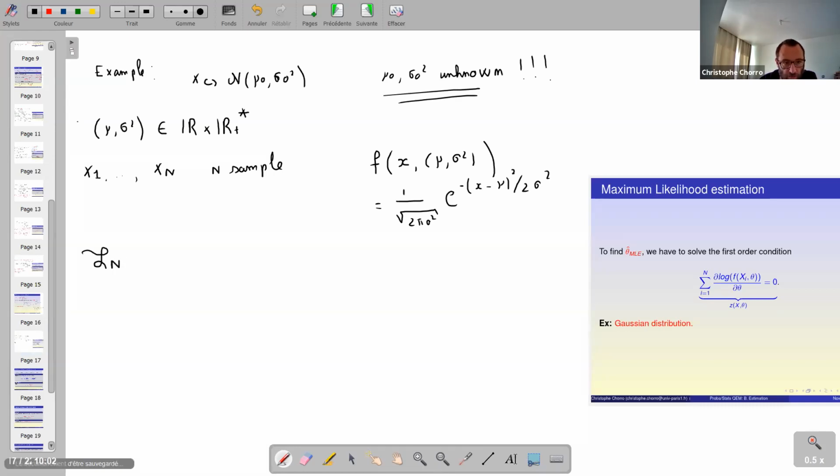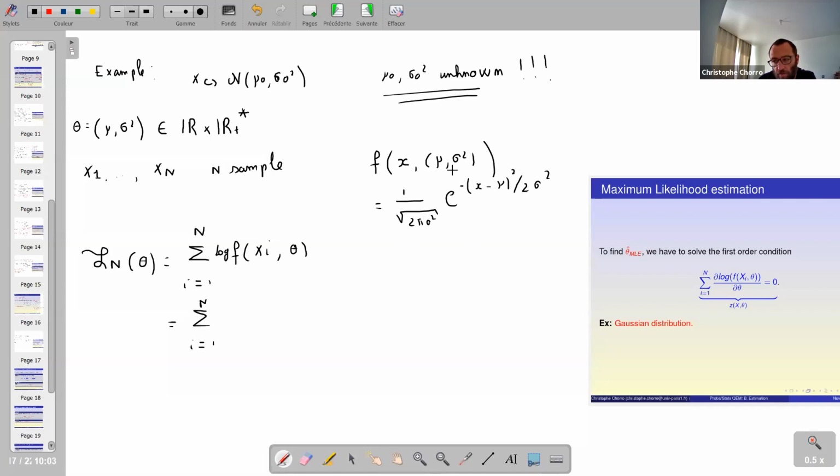So if I denote this vectorial parameter by theta, l_n of theta here is the sum from i equal to 1 to n of the logarithm of f of x_i, theta. And what is this? It's the sum from i equal 1 to n of the logarithm of this quantity here.